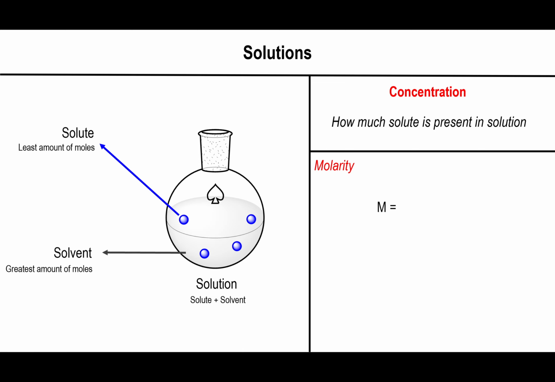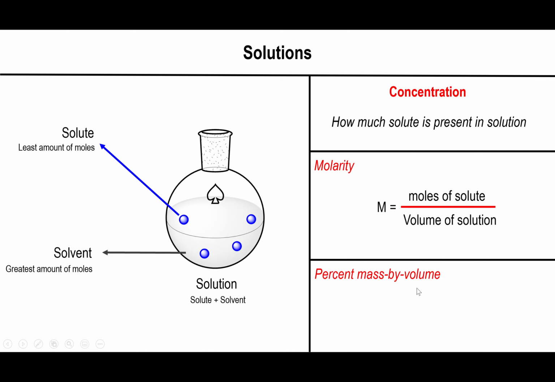The molarity concentration, which is often abbreviated as capital M, is defined as the moles of the solute divided by the volume of the solution. Not the volume of the solvent, but the volume of the solution itself. Specifically, it's moles of solute over liters of solution.